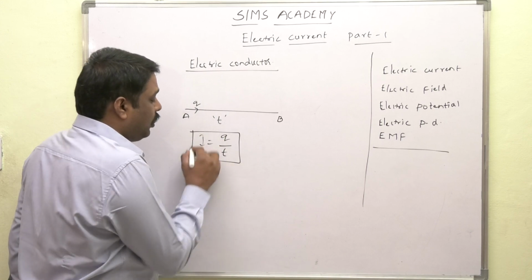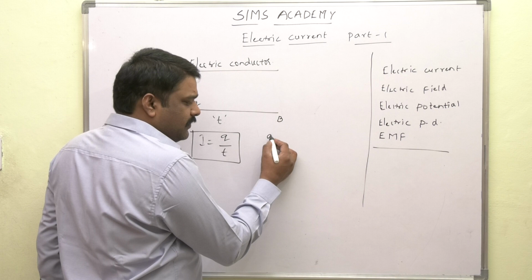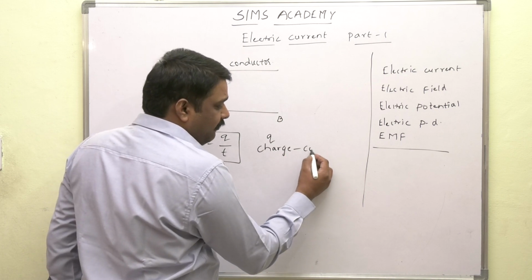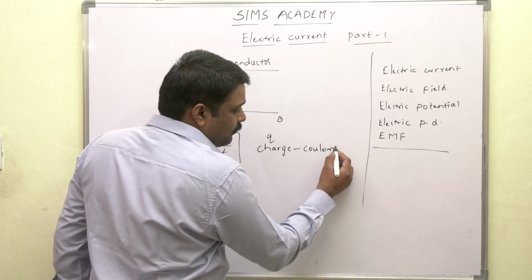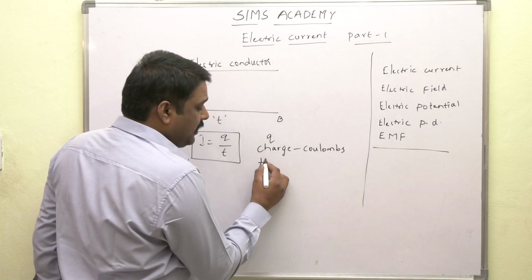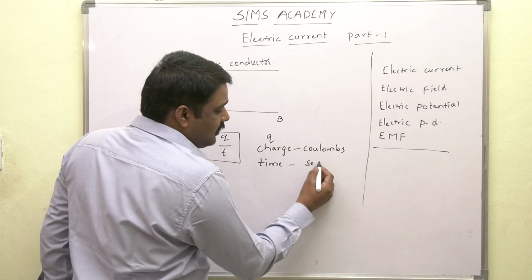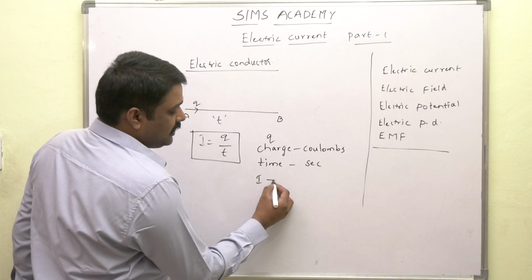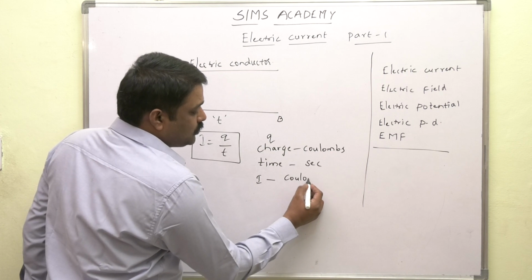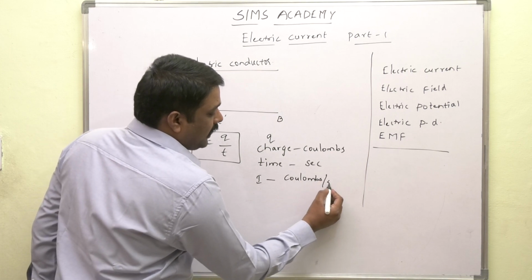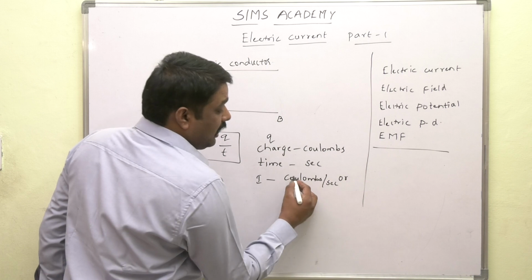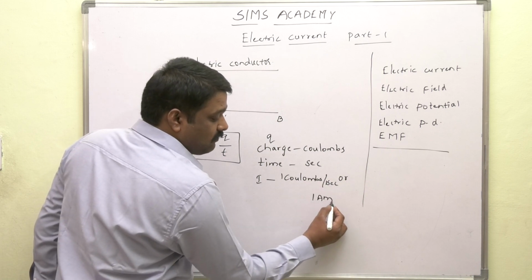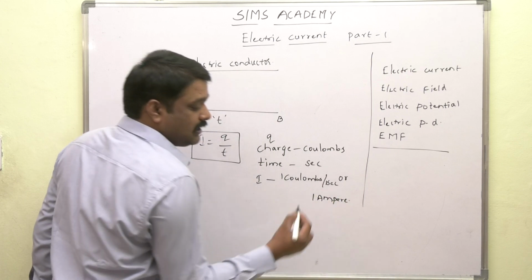And what are the units for charge? We have coulombs, and for time it is seconds. Hence, the electric current units are coulombs per second, or 1 coulomb per 1 second, we say it as 1 ampere.